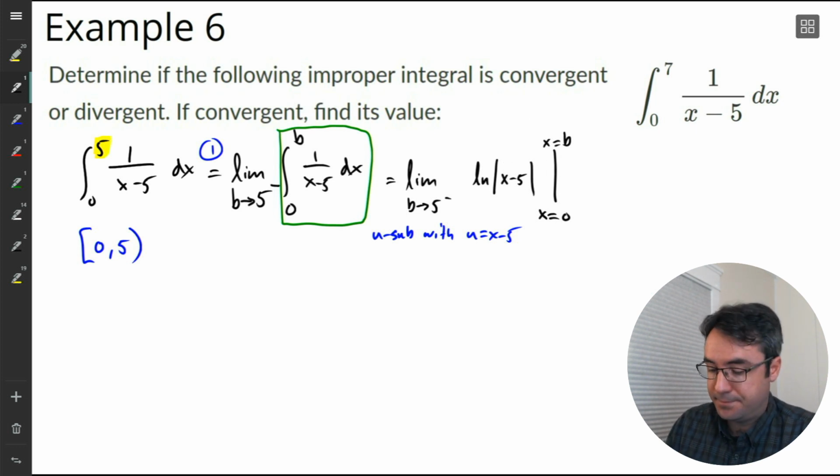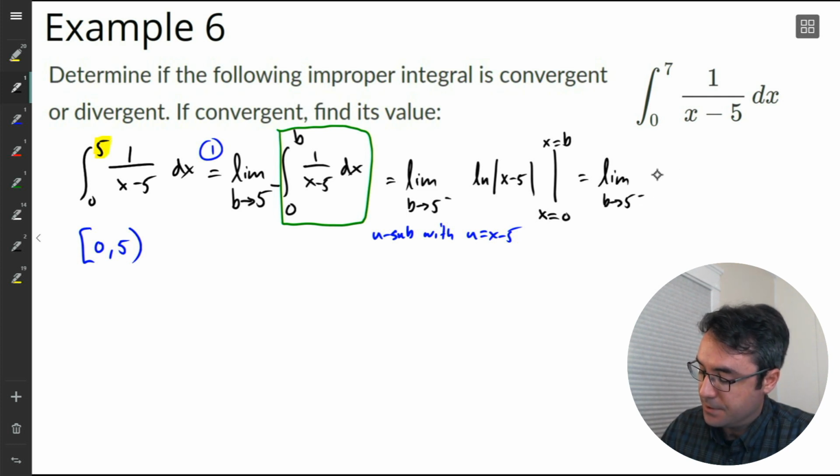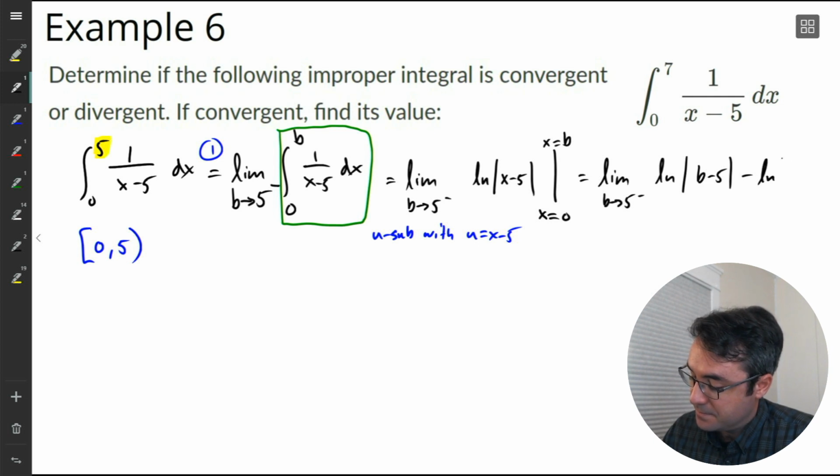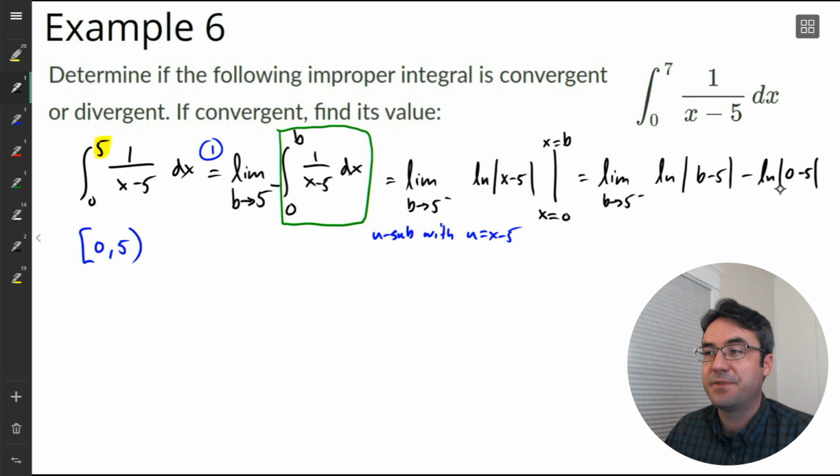Plug in. The top number goes in first, so we get natural log of the absolute value of b minus 5. The bottom number goes in second, so we plug 0 in, and we get natural log of the absolute value of 0 minus 5. It's important that you remember the absolute values here, because otherwise this part wouldn't make any sense.